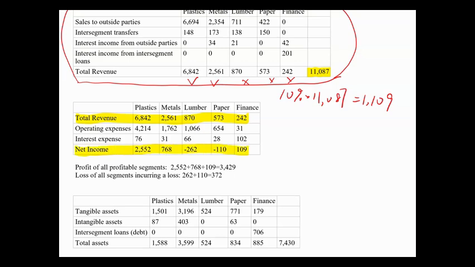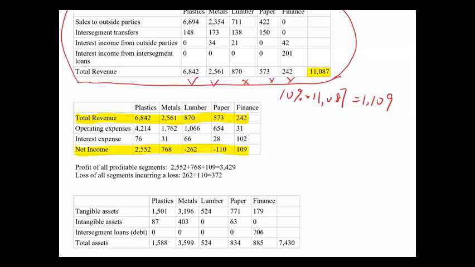The next step is to calculate the profit of all profitable segments and the loss of all segments incurring a loss. The profit of all profitable segments equals the profit from plastics plus metals plus finance. Those are the 3 profitable segments, and the total is 3,429.